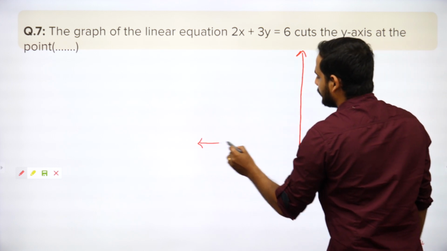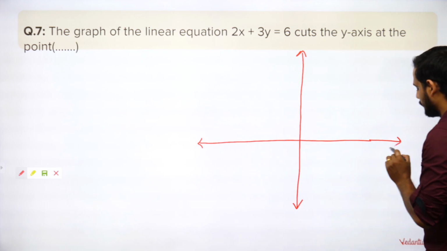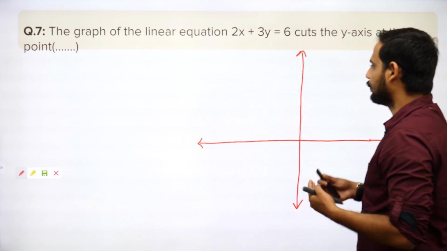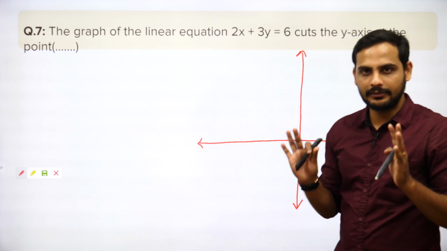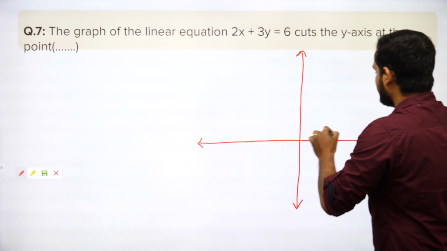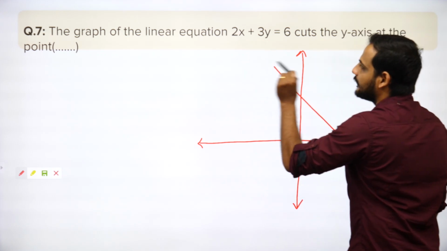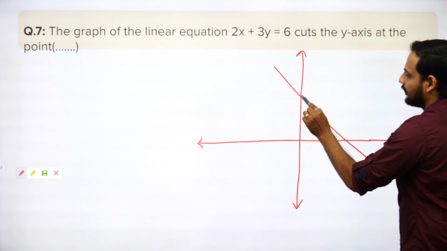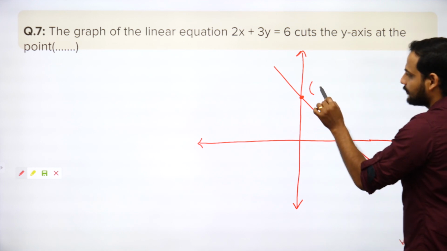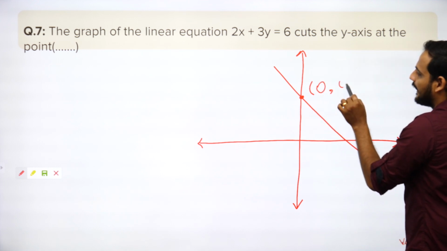The other way is, suppose you are told you cannot plot it on a graph, you have to tell directly. Then you will say, sir, I don't know how this line will be, but I know that any line cutting the y-axis, no matter at what point, has x equal to 0 and y will be some value.